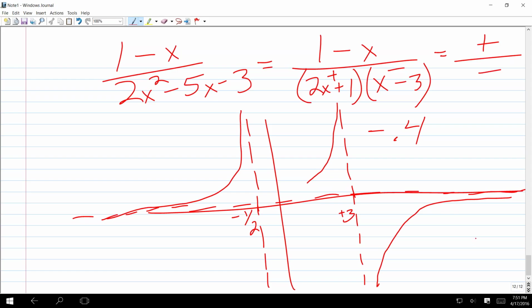The denominator is negative, so it's going to be negative infinity. So that's what that graph must look like. If I were to plug that into Wolfram Alpha, I'm 100% sure that that's what it looks like. And that tells us the behavior of the function on both sides of both vertical asymptotes.